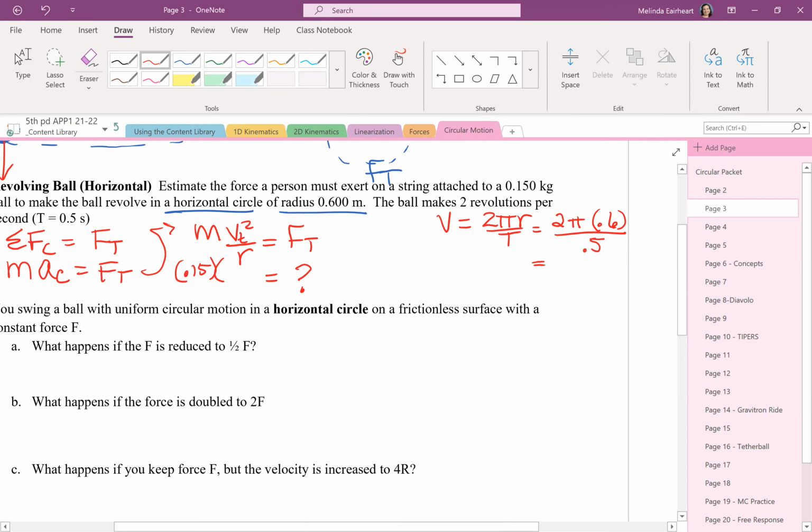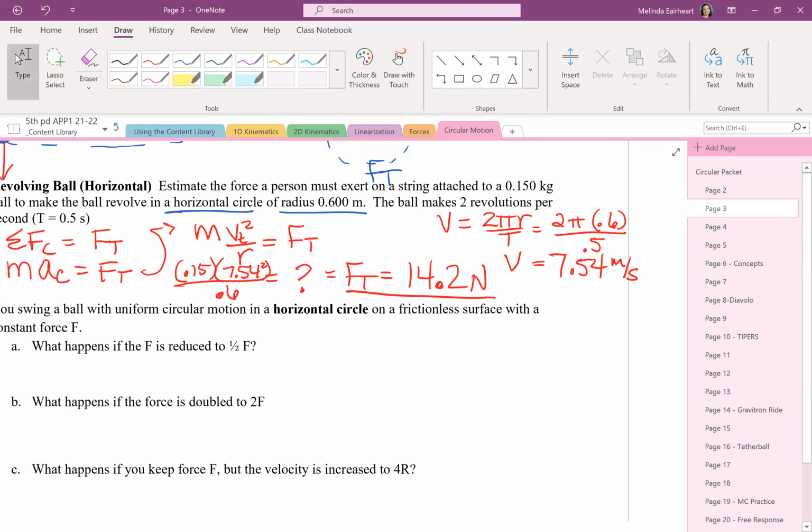And so again, that 6.28 times 0.6 divided by 0.5, I get a velocity 7.54. And so now I can plug that into my force statement, and don't forget to square. Make sure I square it. And then divided by that radius, which again was given, 0.6. And so I take that answer squared times 0.15 divided by 0.6, and I get a tension force of 14.2, and it should come out newtons. Good deal?